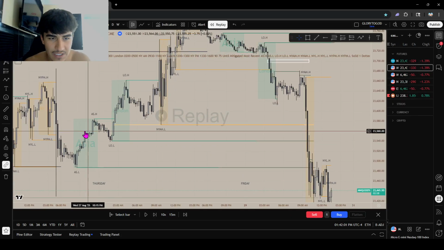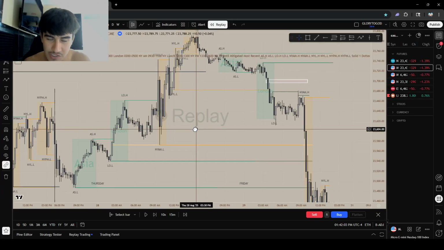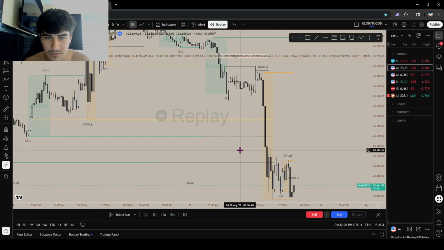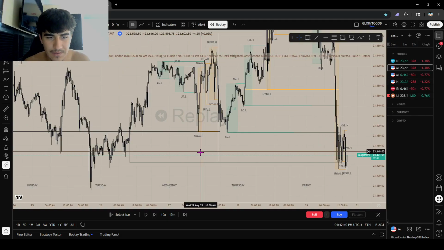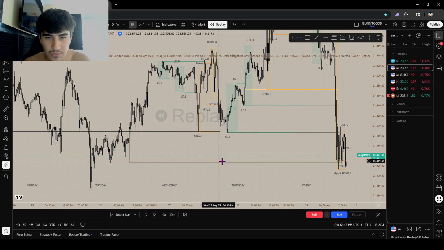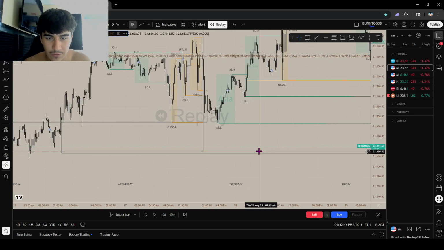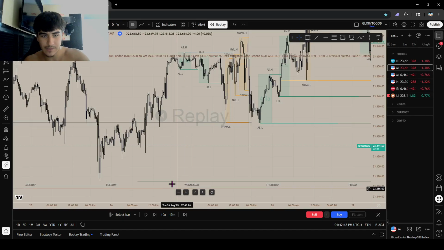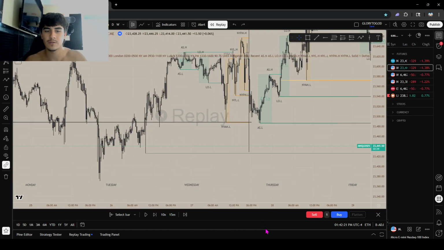So that is Asia's, London's, and New York sessions' yesterday liquidity. These are all the lows. And then this is Tuesday and Wednesday's low. They're relative equal lows, so this is a high point of liquidity because they're basically touching the same level.